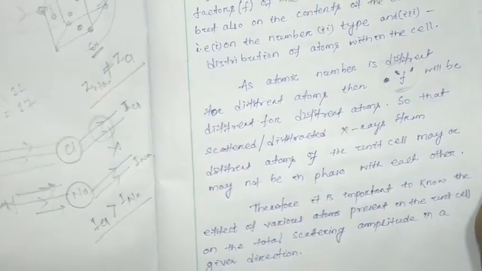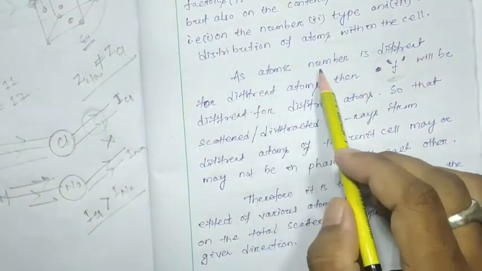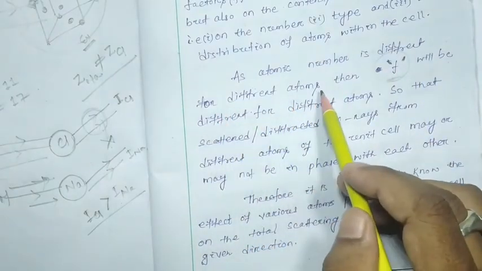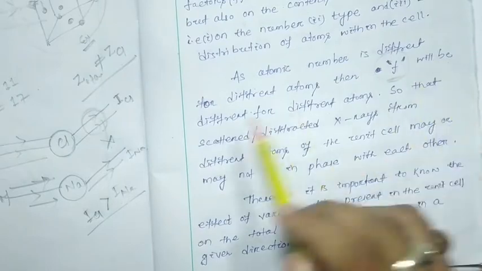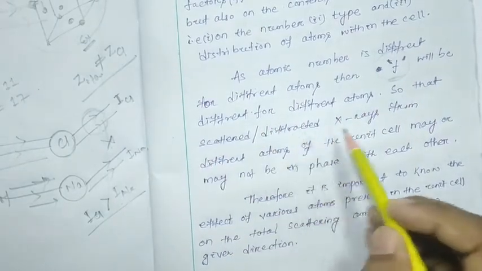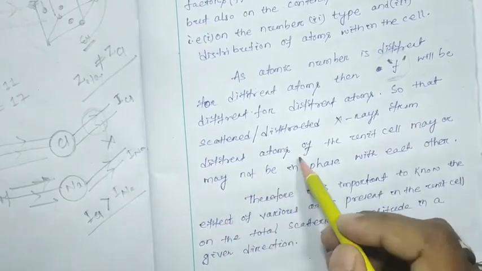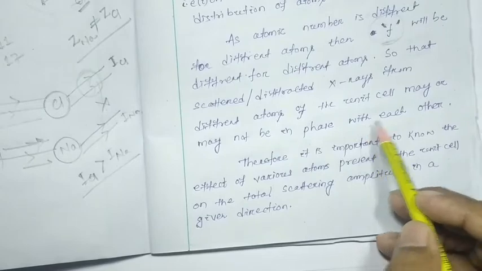That's why it has been written that as atomic number is different for different atoms, the atomic scattering factor will be different, so the scattered or diffracted X-rays from different atoms of the unit cell may or may not be in phase with each other.